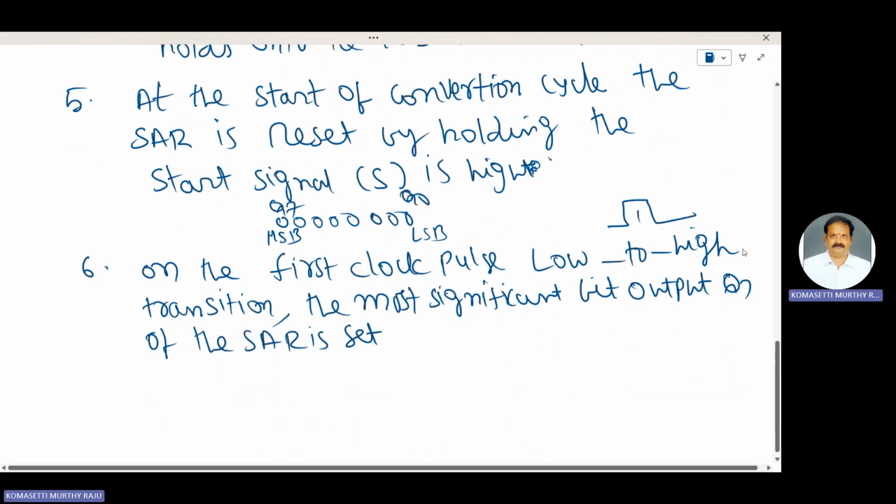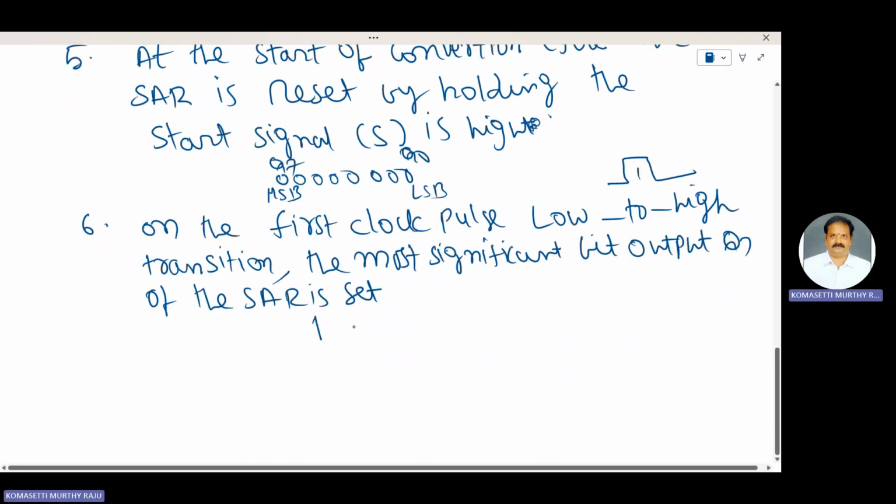That means here the MSB is 1 and the remaining bits are all zeros. This one is the MSB and this one is the LSB. Q7 of the SAR is set.